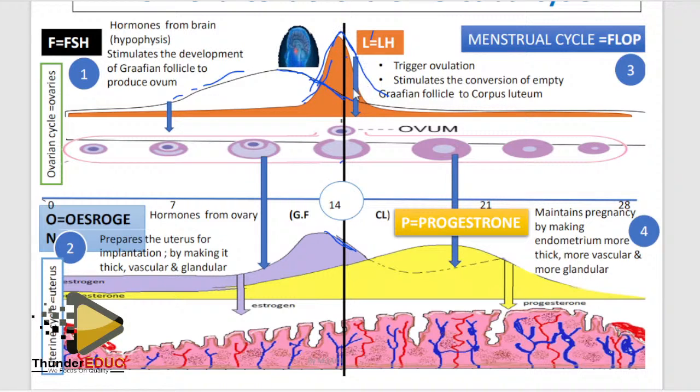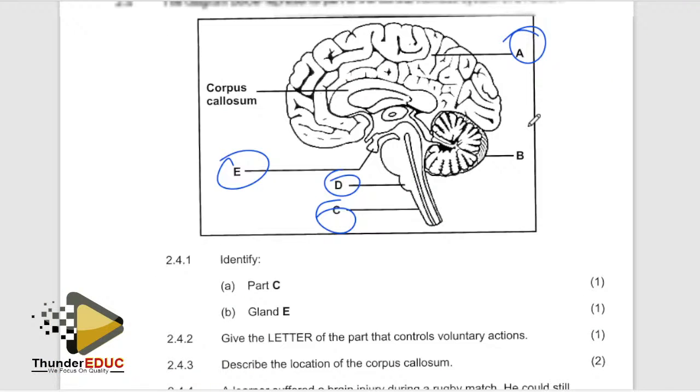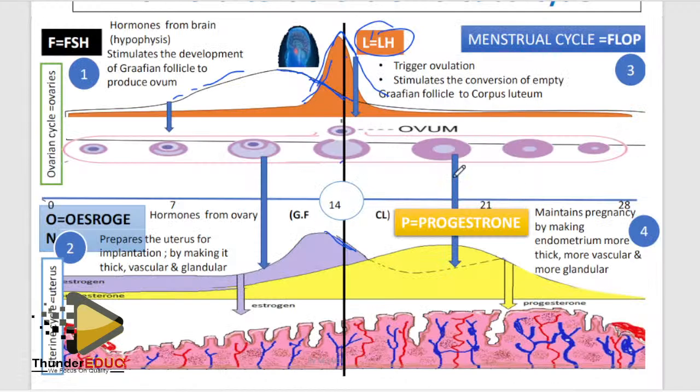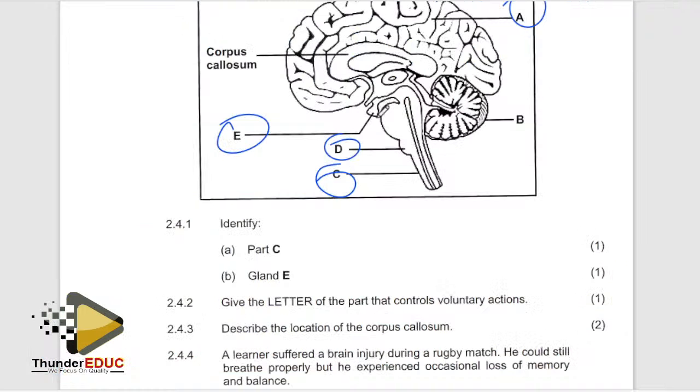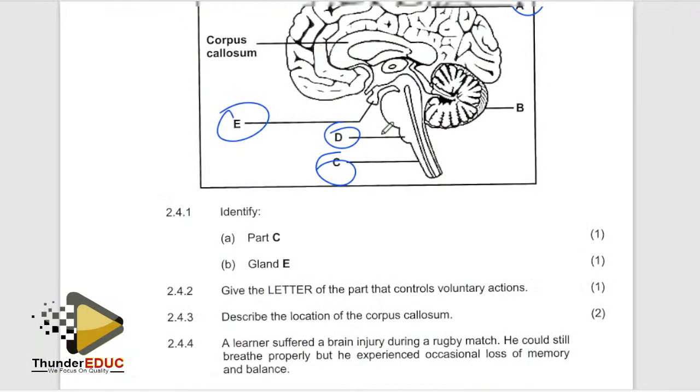You cannot open a door when you're too far from it. You have to first come closer to the door so that you can open. How will luteinizing hormone trigger the ovulation, yet the level is not there? So the level must be high so that it can trigger that ovulation. But don't just watch the video concerning this. I designated it for the menstrual cycle. Anyway, let's continue to identify part C.